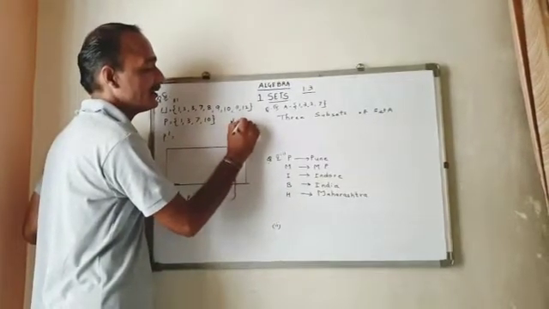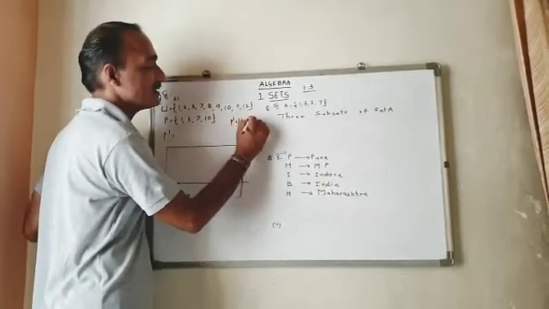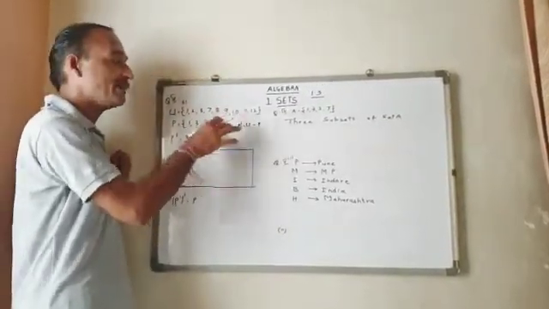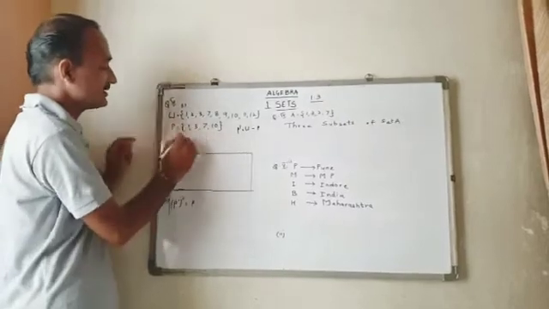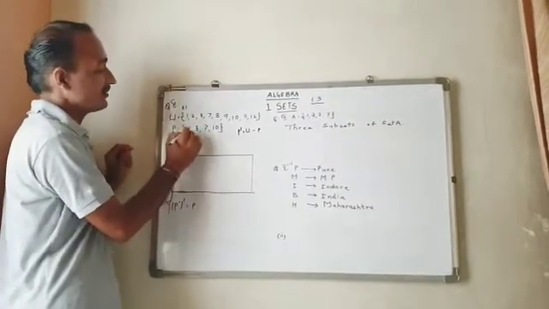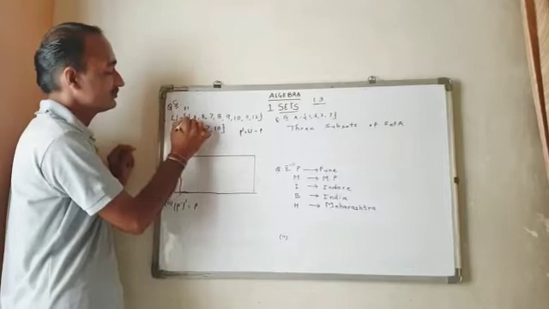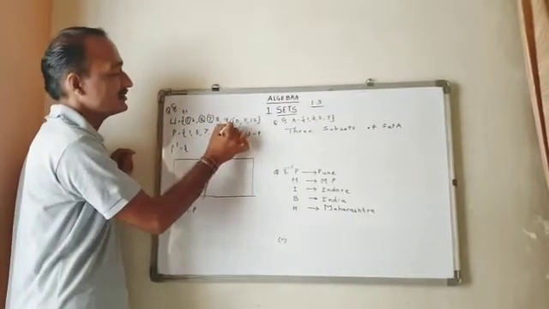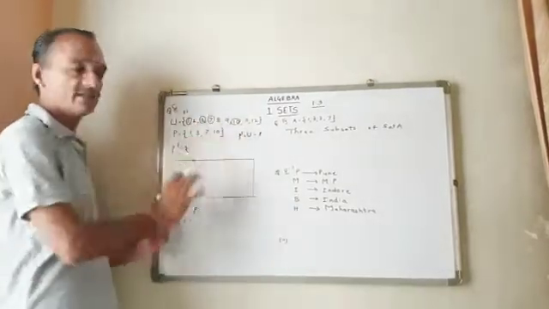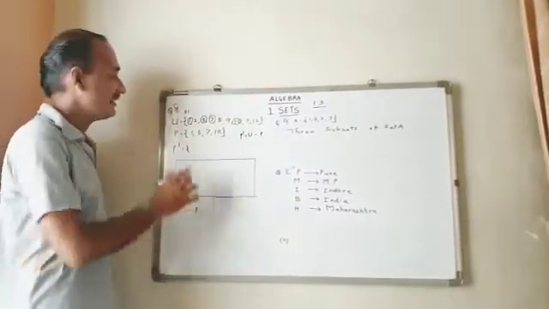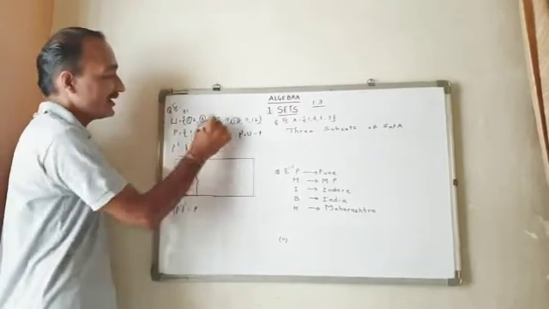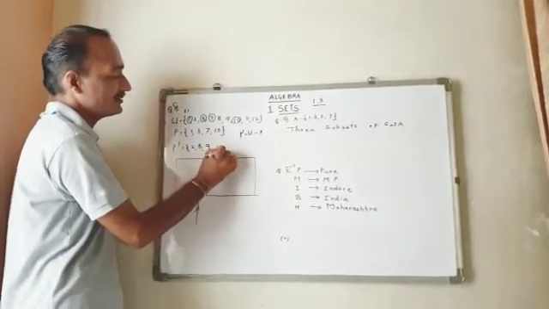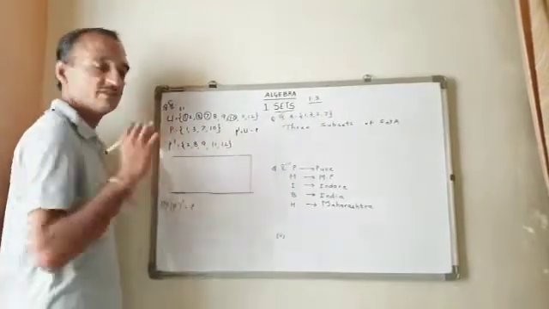P complement is the universal set minus P. So excluding P, what are the elements? 1 is there, exclude that. 3, 7, 10, excluding these, you write whatever is left: 2, 8, 9, 11 and 12. Simple.